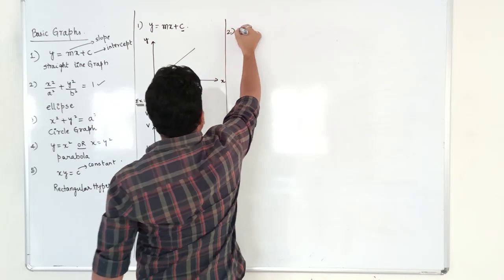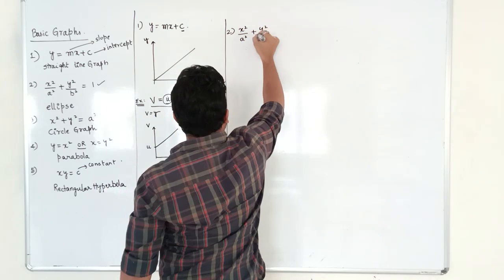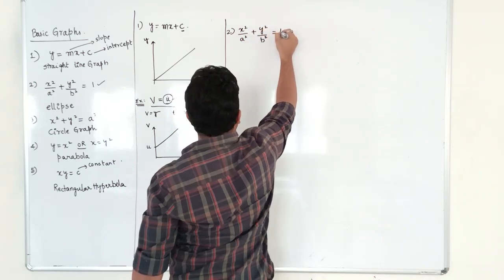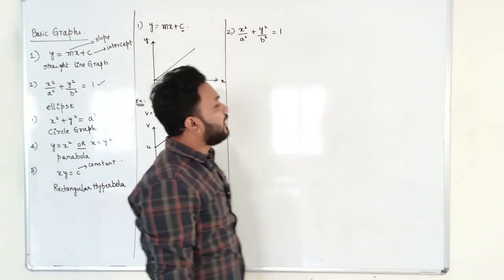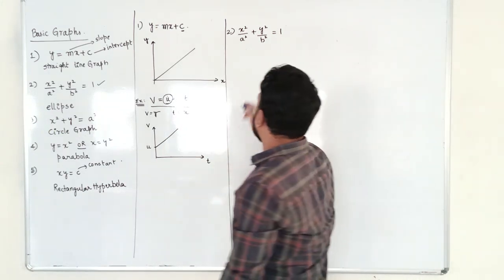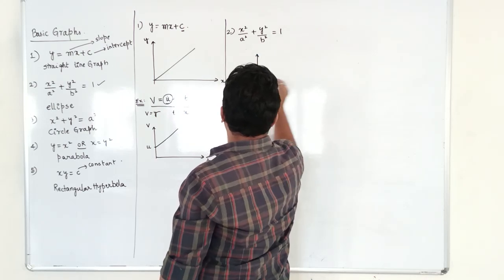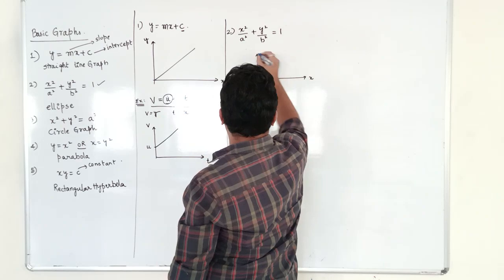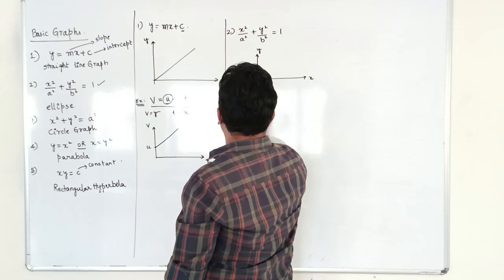Suppose x square divided by a square plus y square divided by b square equals 1, right? Now in the x-axis and the y-axis, suppose this is the x-axis, this is the y-axis, this is negative x-axis, this is negative y-axis.